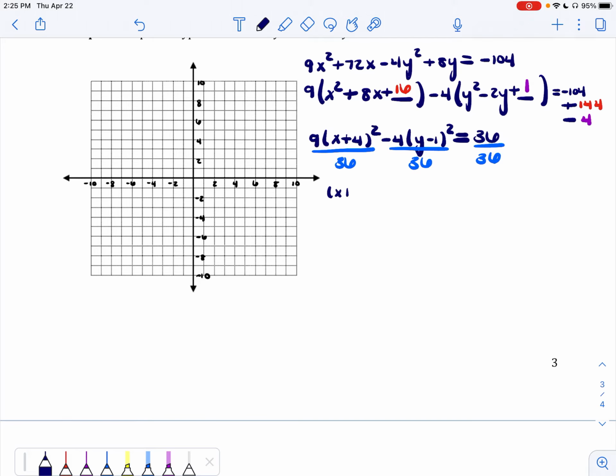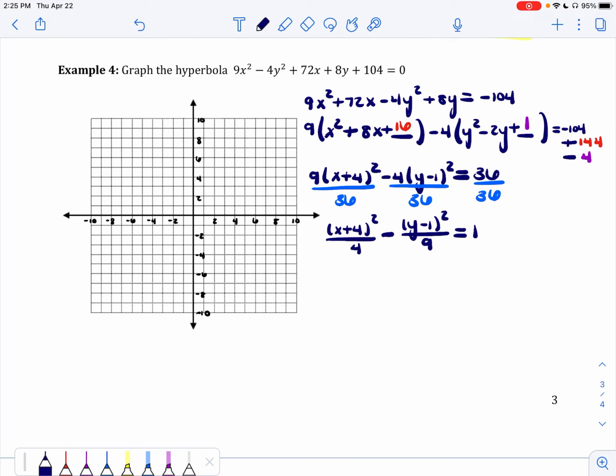That's going to be x plus 4 quantity squared divided by 4. And then 4 divided by 36 is going to give us 1/9. So that's going to be y minus 1 quantity squared divided by 9 is equal to 1. Now that we have it in this format, it's going to be a lot easier to figure out all the different pieces.